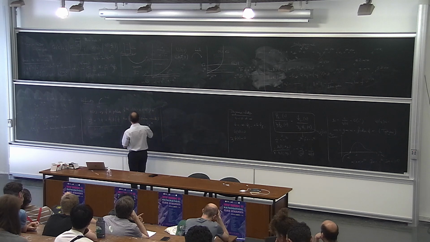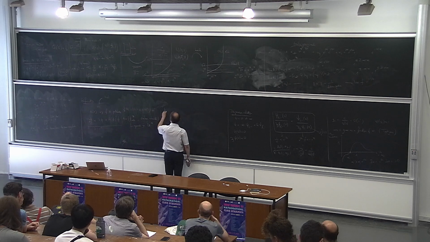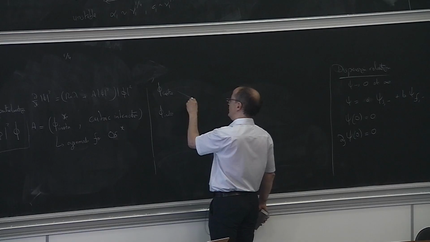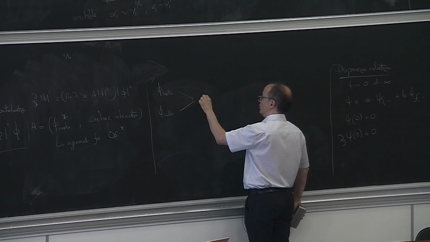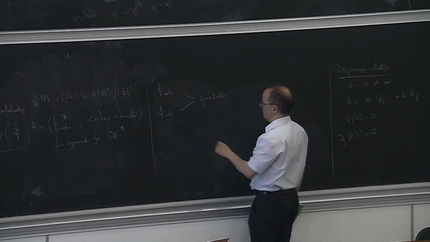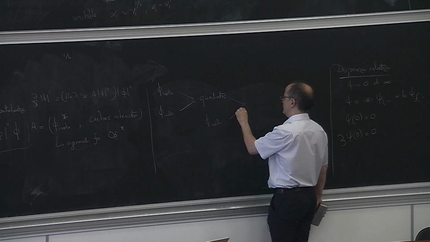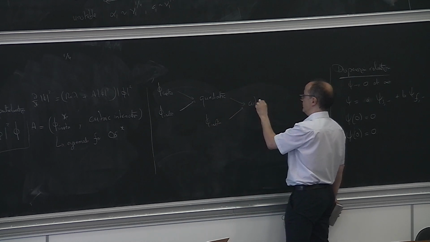And so this is a computation that you need to do. You have the instability interacting with itself, which gives you a quadratic interaction. Then you interact it again with the instability. This gives you the cubic interaction.